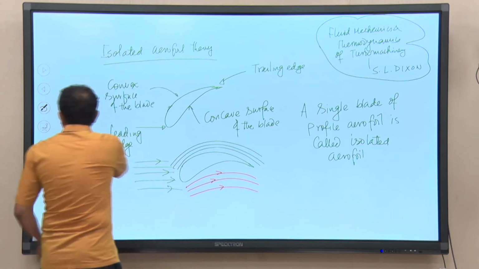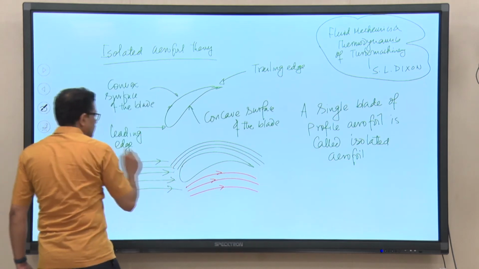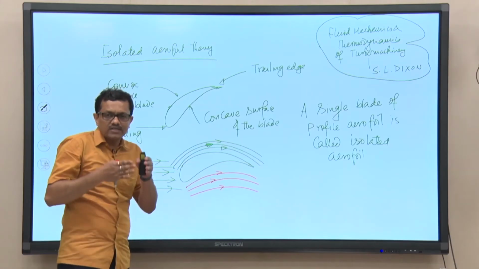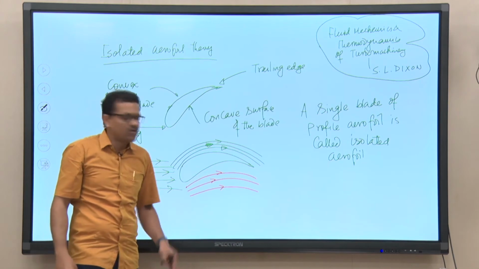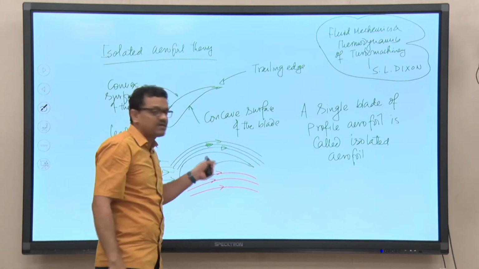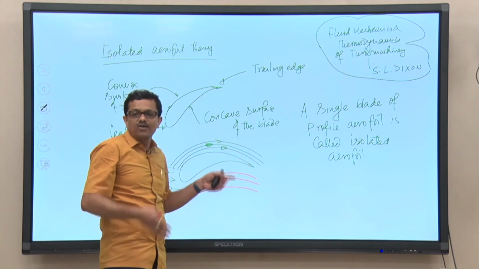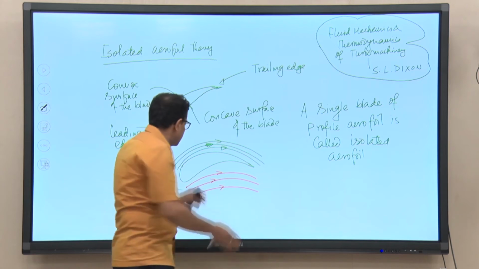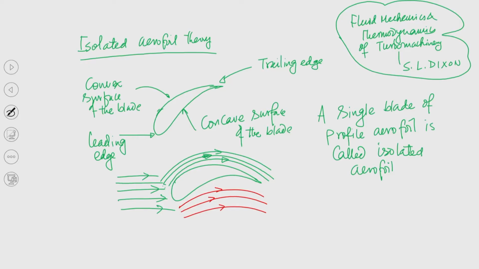So, if I again take the green color, basically here streamlines are very close to each other. As a result, flow velocity on the convex surface of the blade is very high. So, flow is trying to be attached to the surface of the blade, while at the concave surface of the blade streamlines are not very close to each other, and as a result flow velocity is very low.